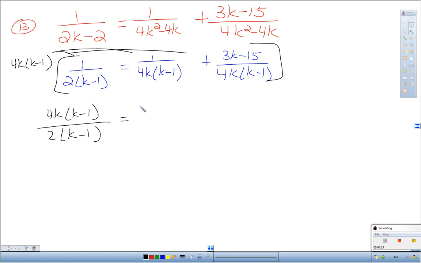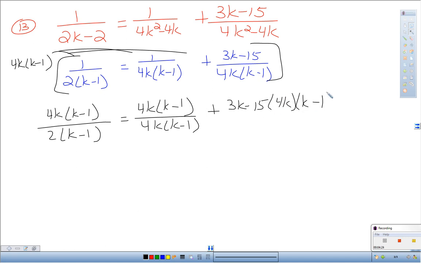So I'm going to multiply each one of these fractions by 4k, k minus 1. And it's going to look very busy until after I actually cancel some stuff out, which I'm going to show you in a second. And so we're not confused, remember there was a 1 here and a 1 there. Okay, now once I've multiplied, I notice that I can cross out that, and also 2 goes into 4 2 times, so that just leaves me 2k.